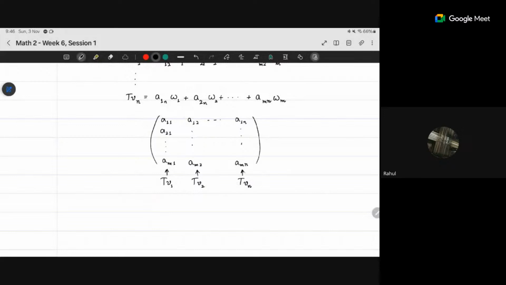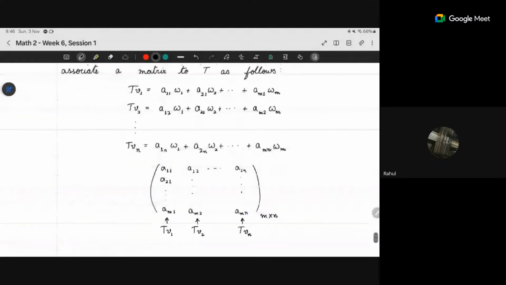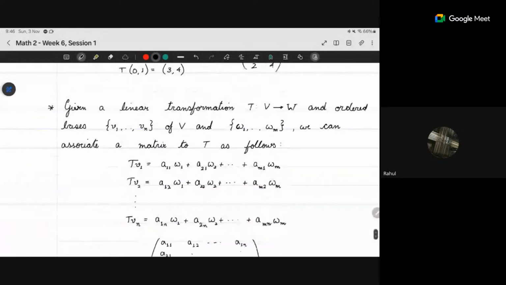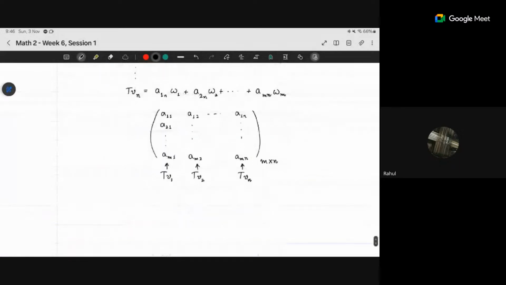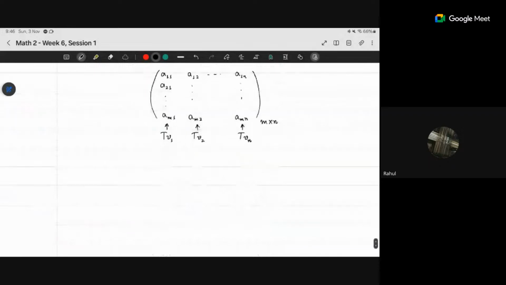And the last column is that of TVn. Right? You have n many columns, m many rows. So this is an m cross n matrix. If it is a dimension n space to a dimension m space, then you have an m cross n matrix. This is one way to remember it.